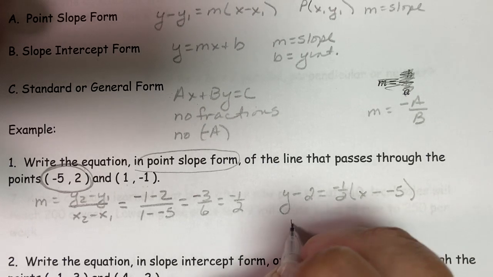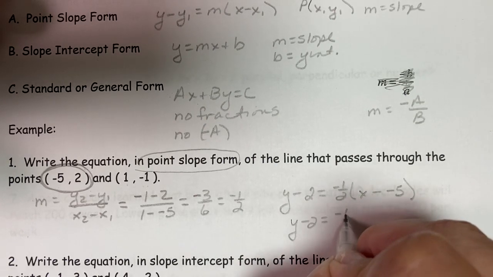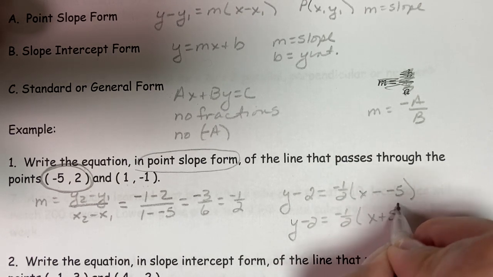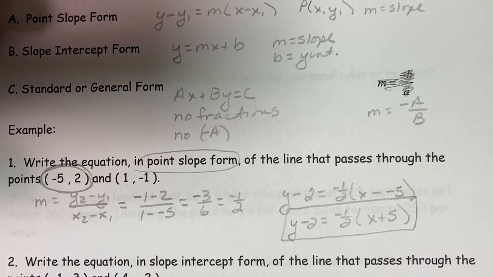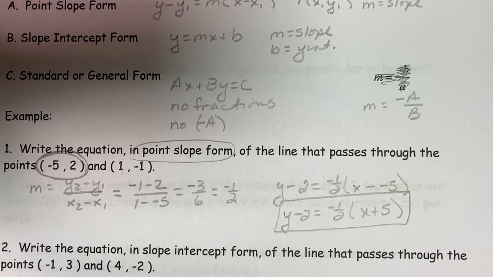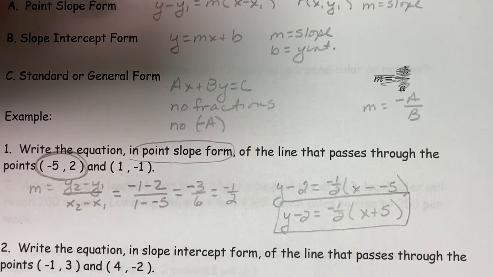And of course, we can go ahead and clean that up a little bit by making it y minus 2 equals -1/2 times x plus 5. That would be the point-slope form of the line. And because I'm given 2 points, there would actually be 2 different point-slope forms that I could come up with, depending on which point I used.